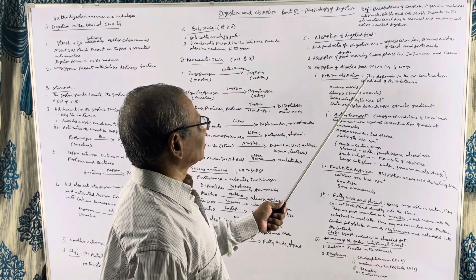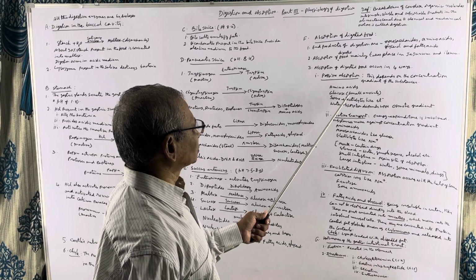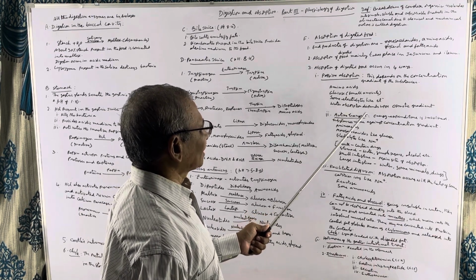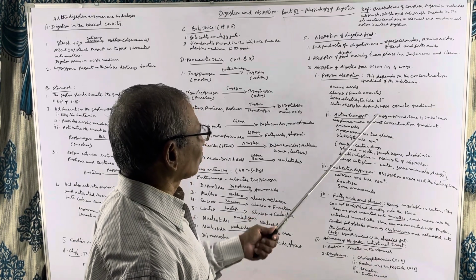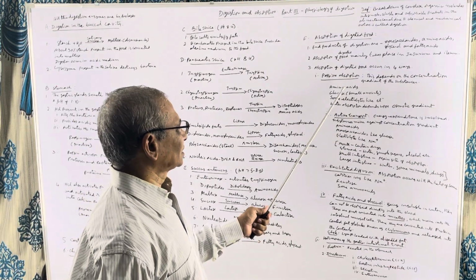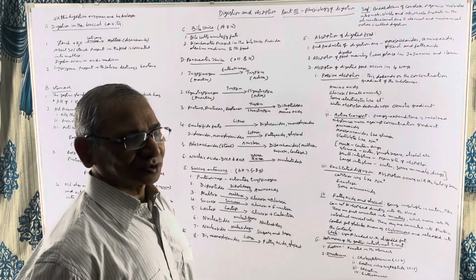So through passive absorption, amino acids, small amounts of glucose, and some electrolytes like chlorides are absorbed.